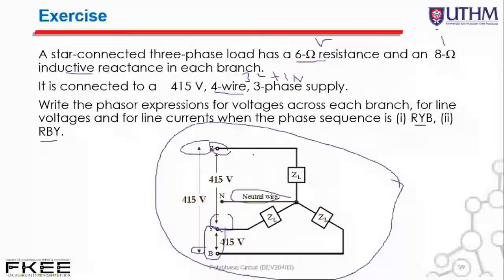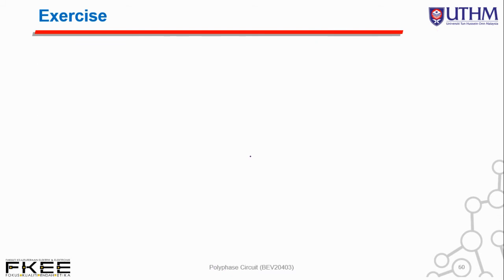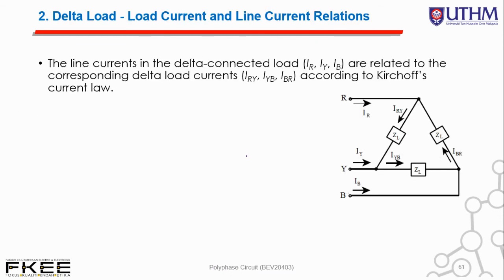Let's look at another subtopic, delta load current and line current relations. The line currents IR, IY and IB in the delta connected load are connected to the corresponding delta load currents IRY, IYB, IBR according to Kirchhoff's current law.